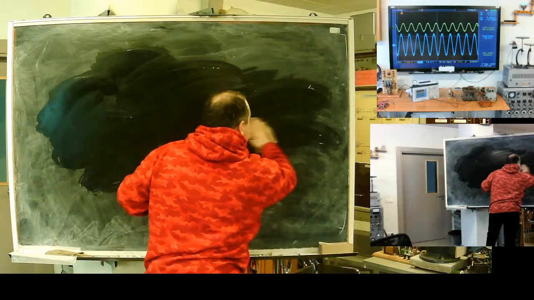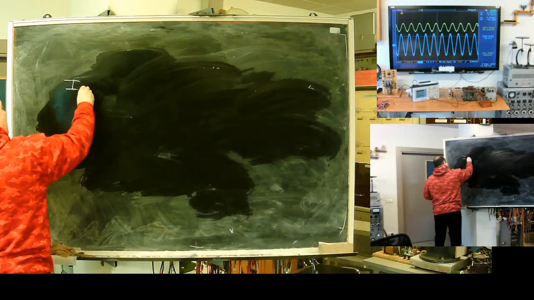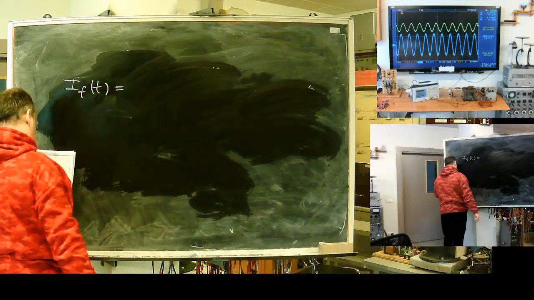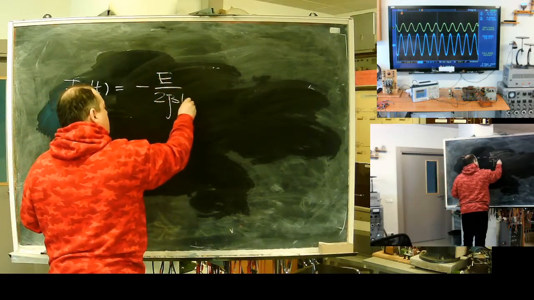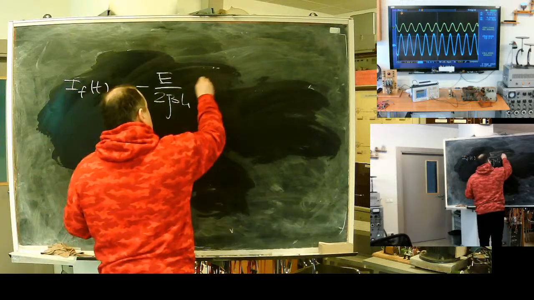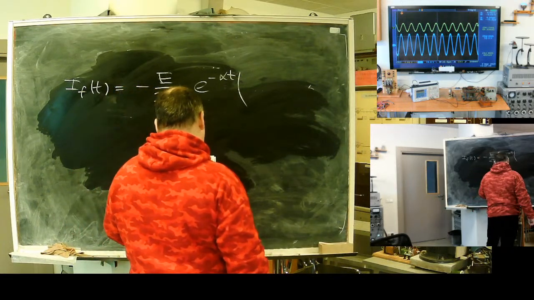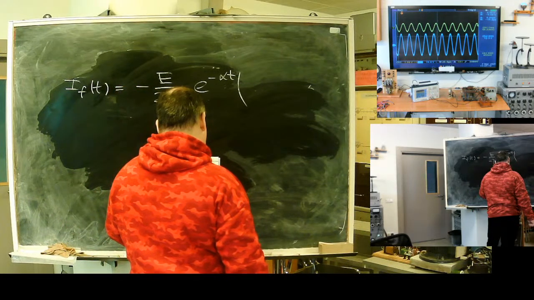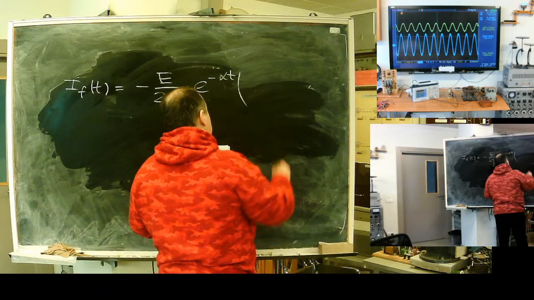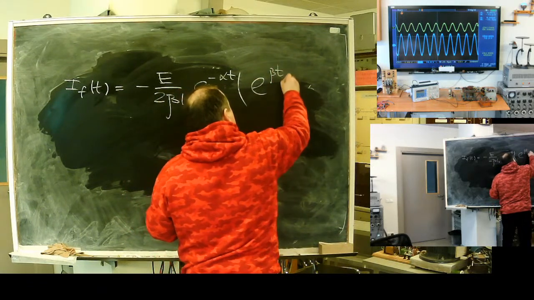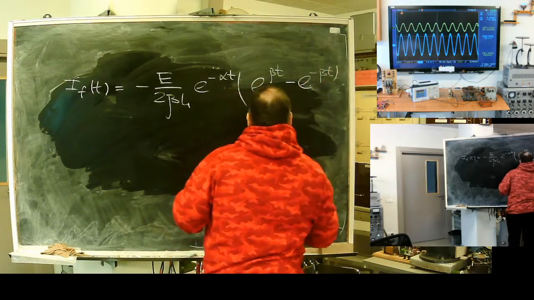We got border conditions and we can write the free current as a function of time: minus E divided by double beta L, e power minus alpha t multiplied by e power beta t minus e power minus beta t.